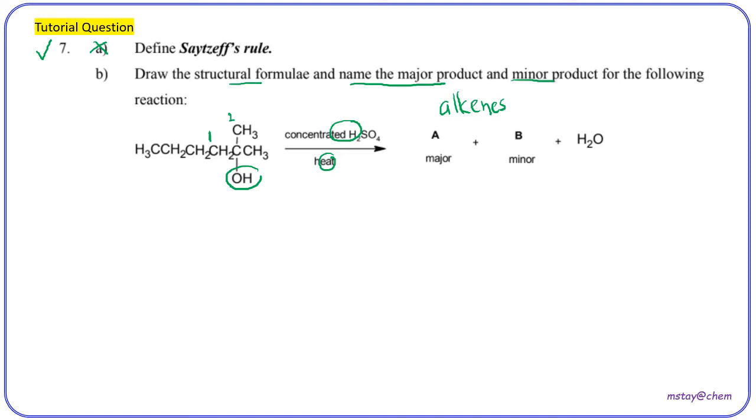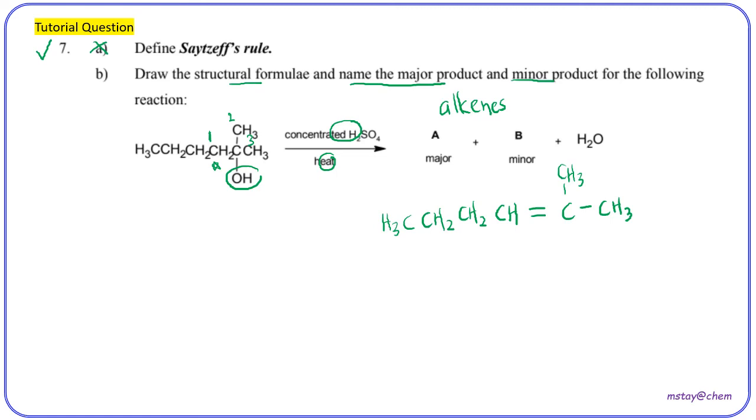1, 2, and 3. Now let's check if we remove the hydrogen from carbon 1 here. The product will be H3C, CH2, CH2, and then CH, because we remove one hydrogen and therefore form a double bond. CH3 at the top and it still remains at the right here.